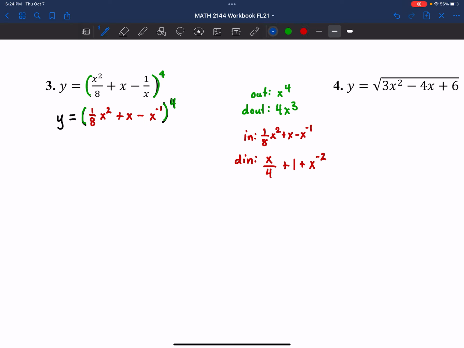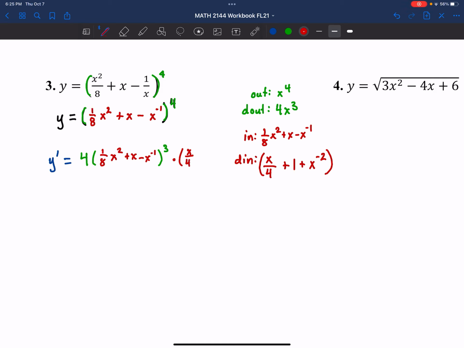So the derivative, y prime, is equal to the derivative of the outer, which is 4 times, leaving a spot to put the inner to the 3rd. So then we'll bring this inner along. So this is just going to be 1/8 x squared plus x minus x to the minus 1, times, in parentheses, I'm going to put this in parentheses so that you realize that it's not just the x over 4 to be distributed, but that whole quantity.